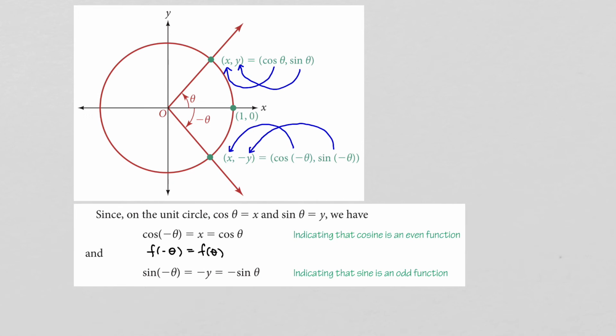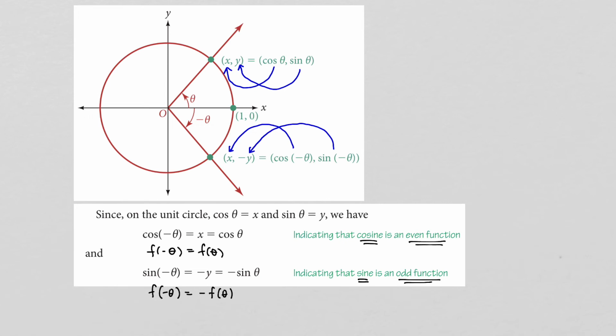And then for sine, it's the opposite. Sine of negative theta is negative y, but sine of theta was positive y. So sine of negative theta is negative sine of theta. So what we're saying there is f of negative theta is negative f of theta. And this means that sine is an odd function. So what you need to remember from this is cosine is even and sine is odd.